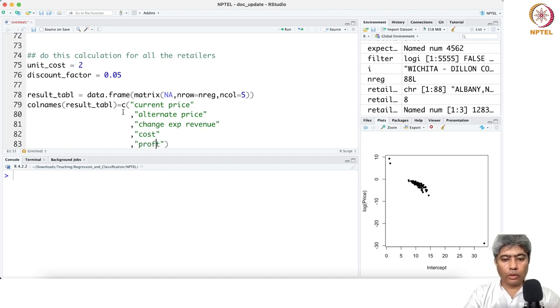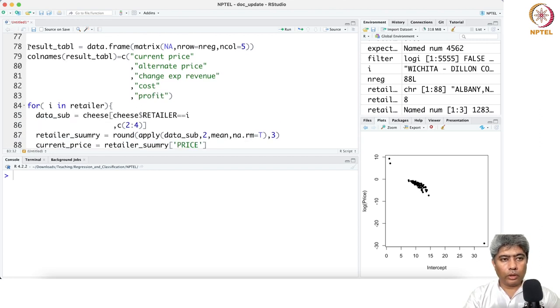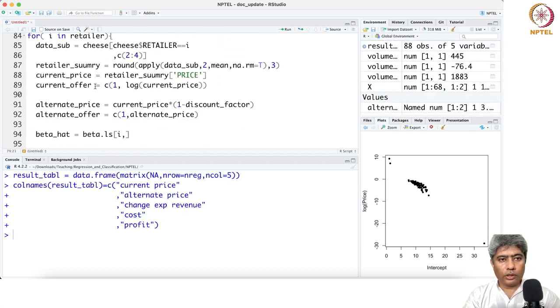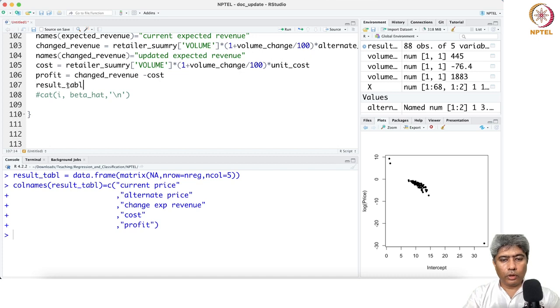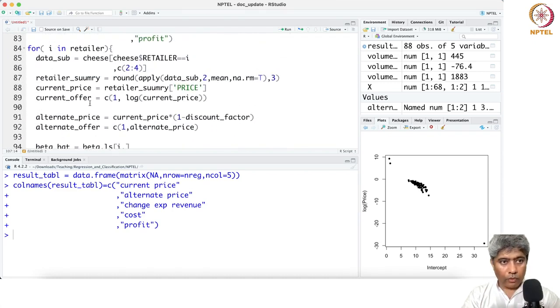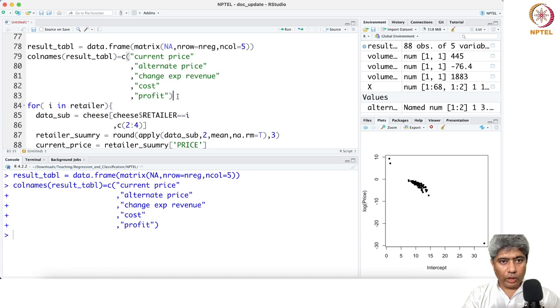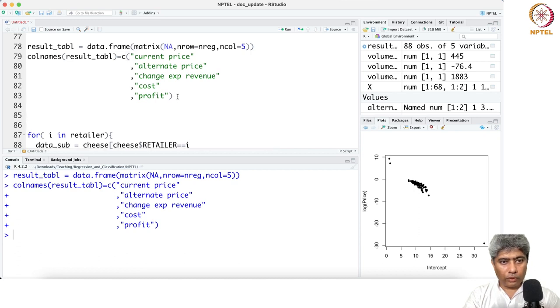Okay, all right. So now if I just run it, and result table equals to, oh, I have to do one more thing. That is col names, I have to do row names also.